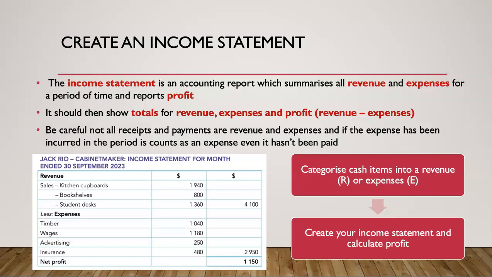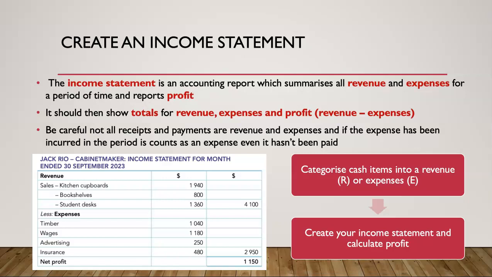And just as importantly, if the expense has been incurred in the period, it counts as an expense even if it hasn't been paid. So a simple example might be we have a telephone bill for $120, but $50 is still owing at the end of the month.